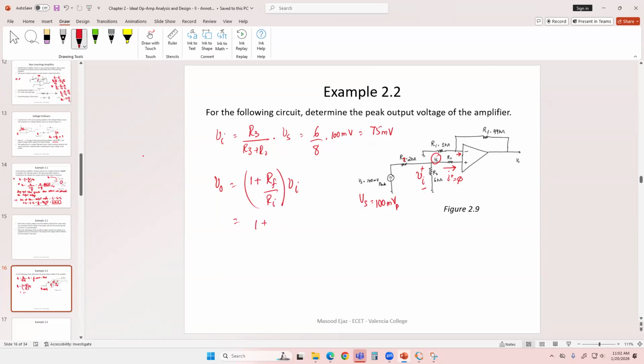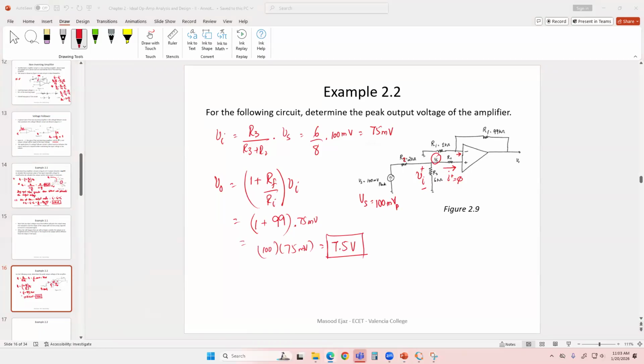So 1 plus 99 K over 1 K will be 100 times 75 milli. That is going to give you 7500 millivolt or 7.5 volt. 7.5 volt is going to be the peak value of the output voltage.